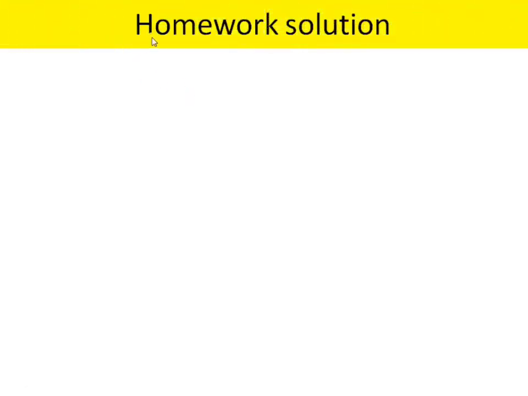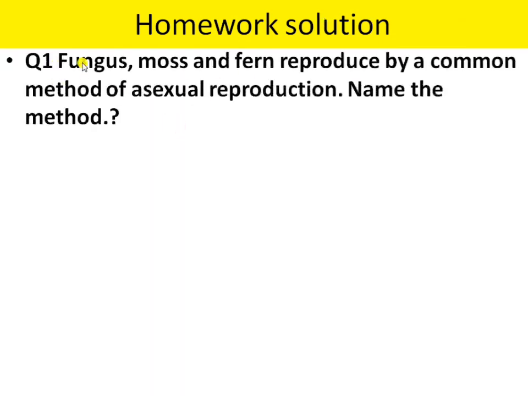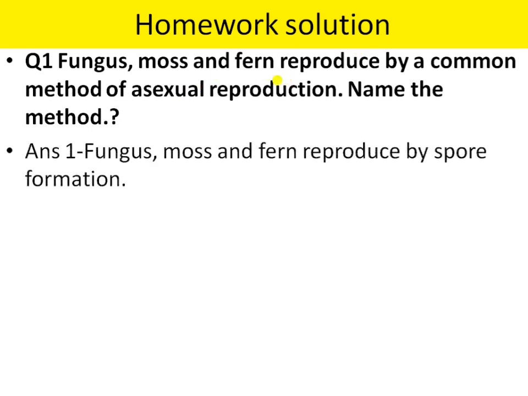Next is the homework solution of lecture number 1. Question number one: fungus, moss and fern reproduce by a common method of asexual reproduction. You have to name the method. Fungus, moss and fern reproduce by spore formation.